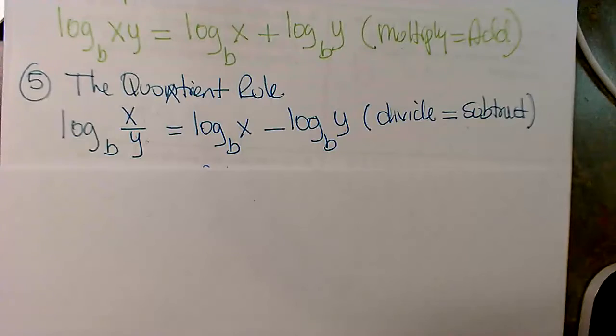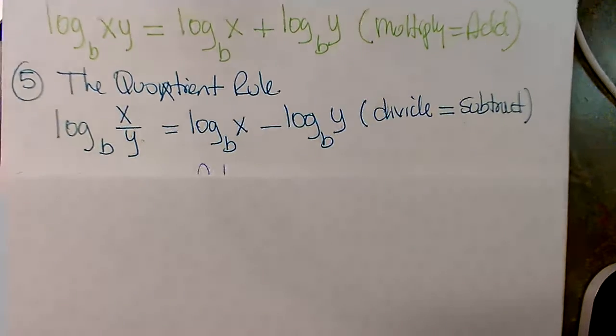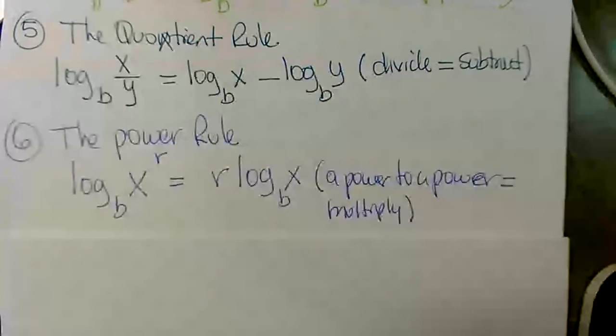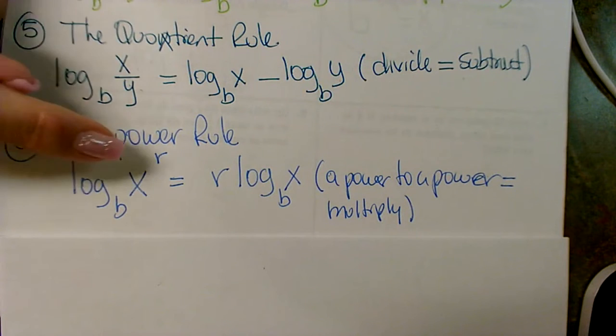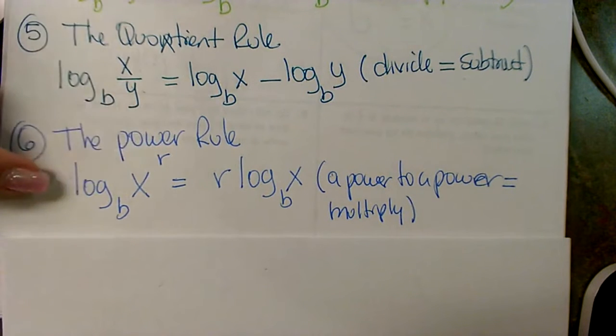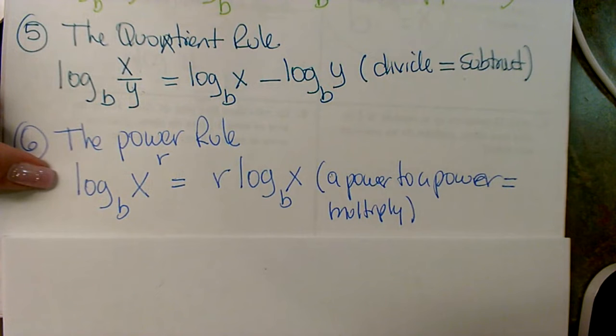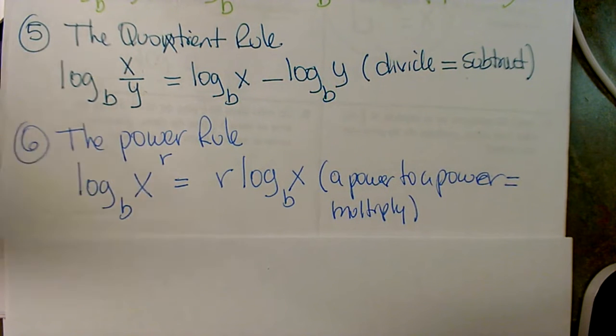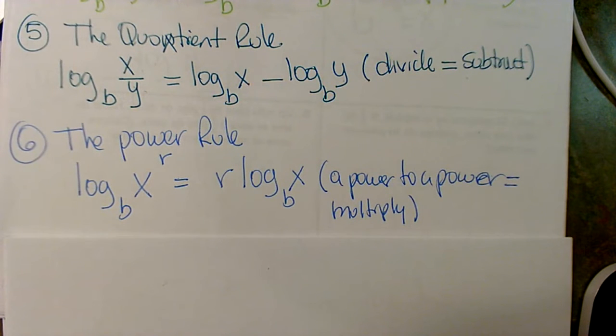That's what we call the quotient rule. And the last one is the power rule. What happens? This one, we bring it down. That's the power to a power. So we end up multiplying.